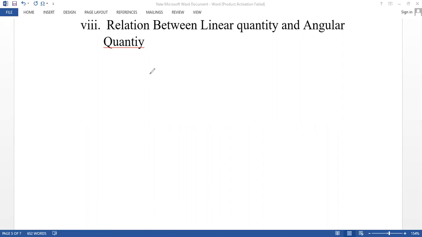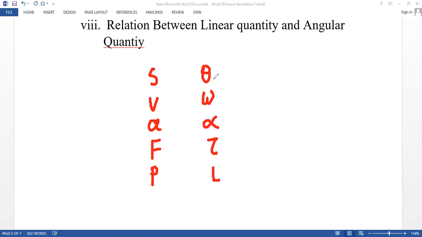That is the linear, and that is the angular. Displacement, velocity, acceleration, and force, angular force or torque. Momentum, angular momentum. So how can you make a relation?